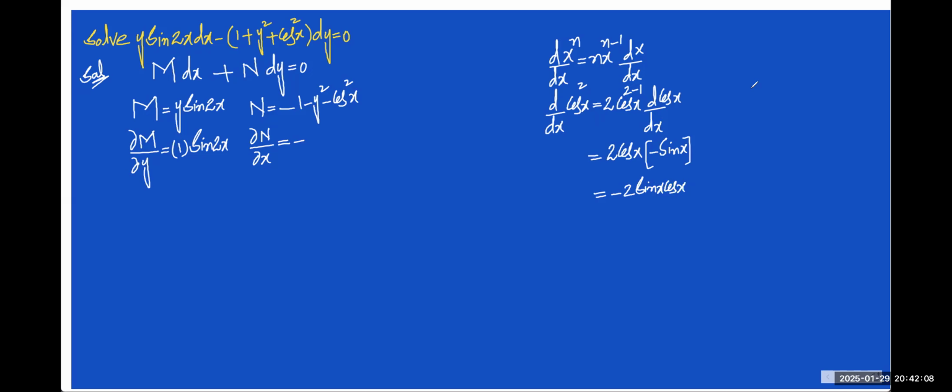In trigonometry, sin 2 theta is equal to 2 into sin theta into cos theta. So 2 sin x into cos x is sin 2x, with the minus as it is. The same answer we have to write here: minus sin 2x.